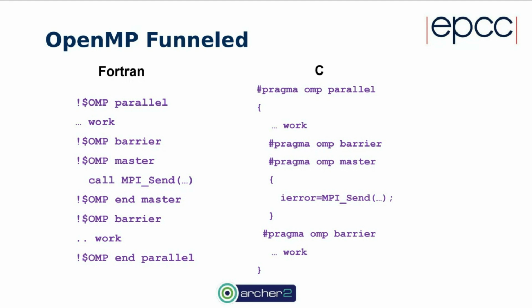So we might have the situation where all the threads do some computation, then they synchronize with each other at a barrier. The master thread does the MPI call. We synchronize again so that all the threads know that the MPI calls have completed, and then the threads can carry on doing some more work in parallel.